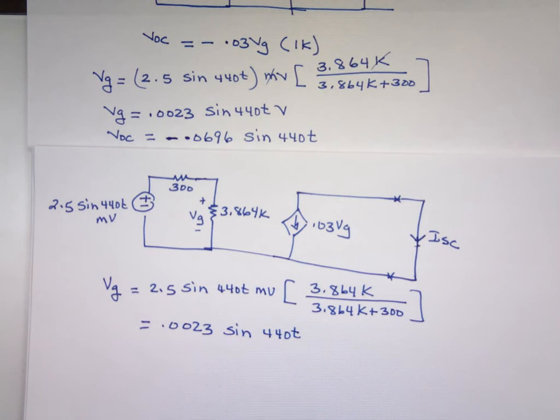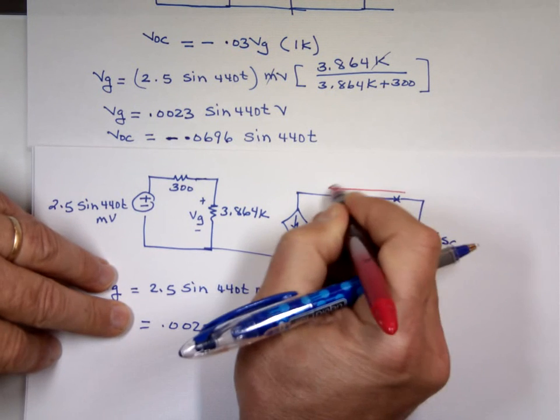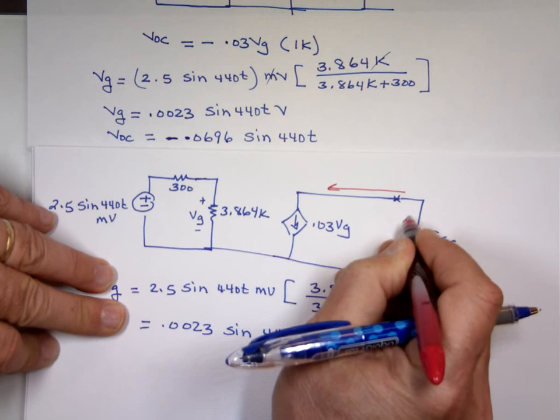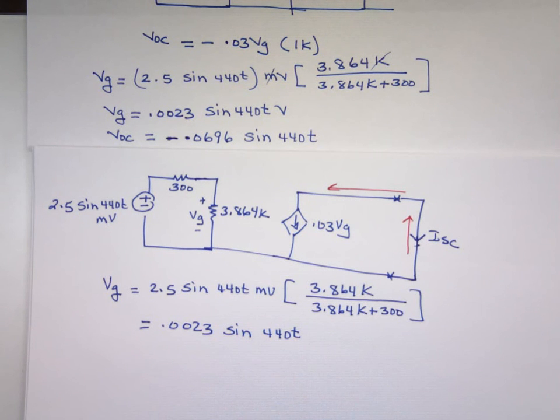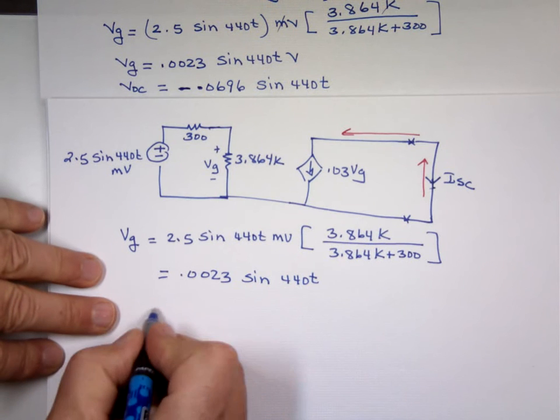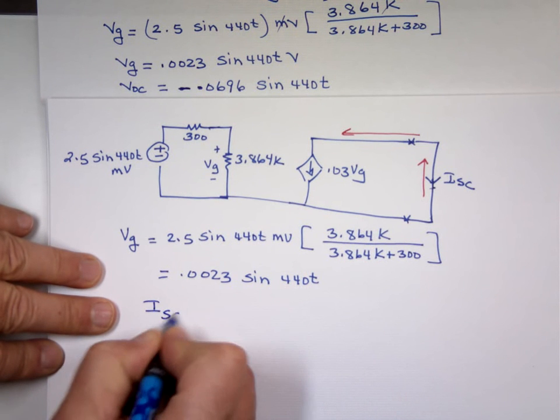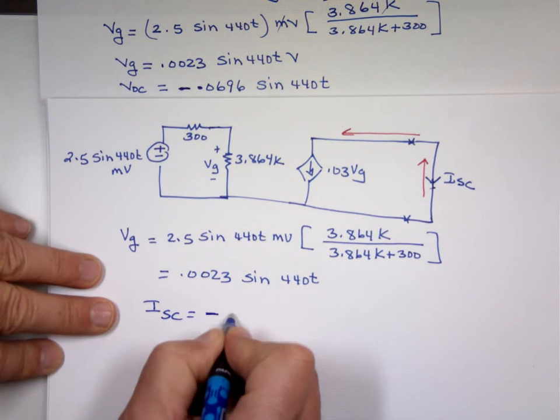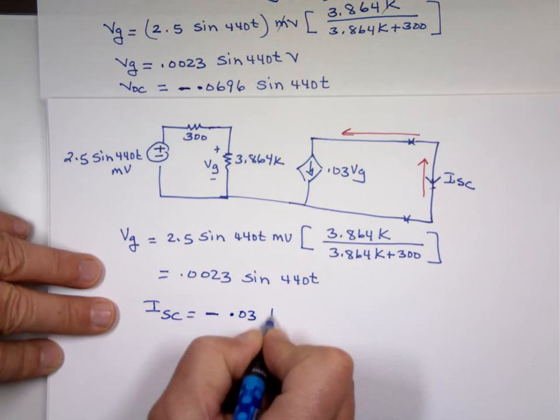Do we know what I short circuit? Well, let's look at this current. Where is it coming from? Coming from here, which is coming up from here. So what is I short circuit? It's negative 0.03 VG.